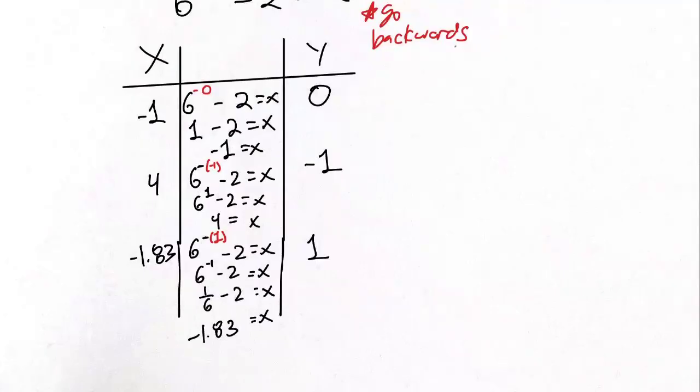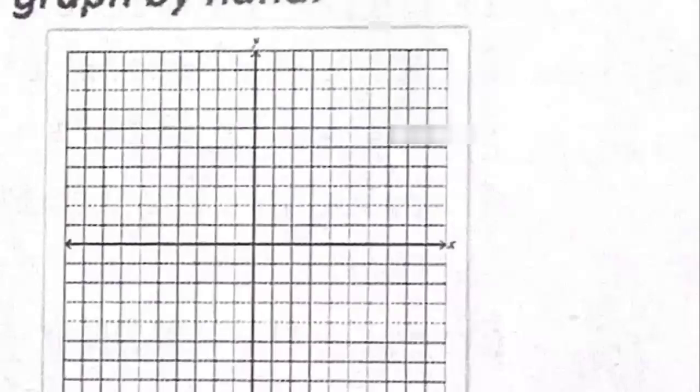All right, so let's graph it. So (-1, 0) would be right here. (-1.83, 1).